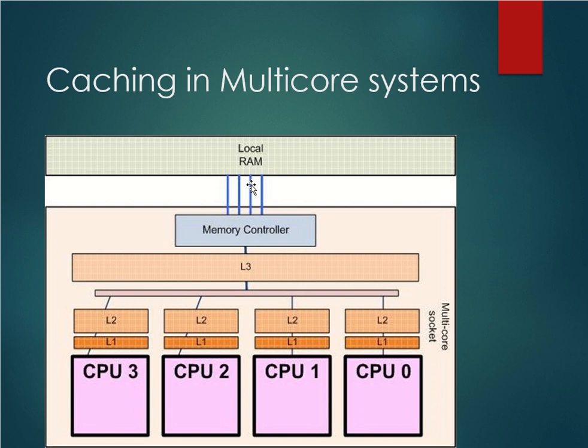So the data flows from other devices like the hard disk to the RAM, then to level 3, then level 2, level 1, then to the processor. Again, if it writes back to the hard disk, it goes through level 1, level 2, level 3, then to the RAM and to the memory device.